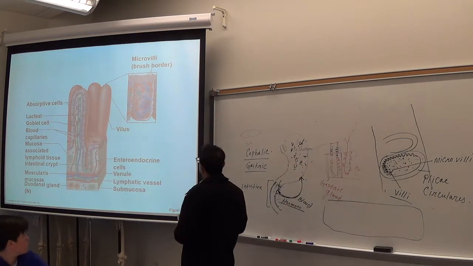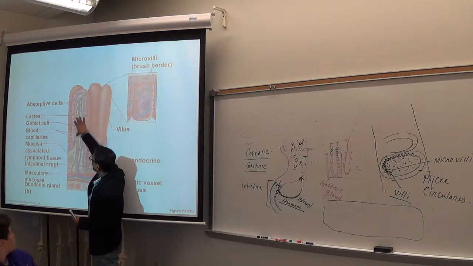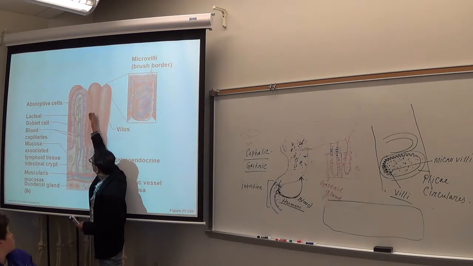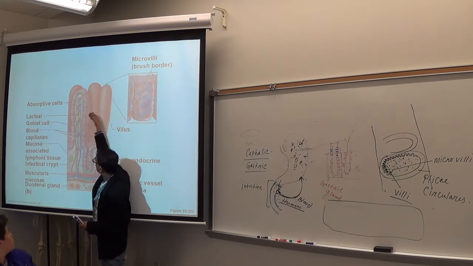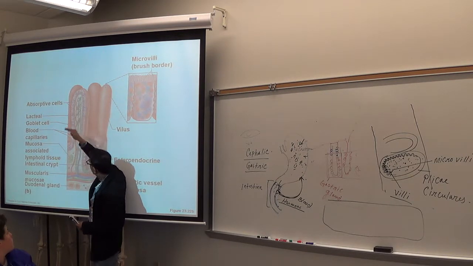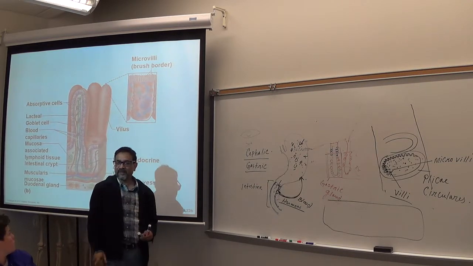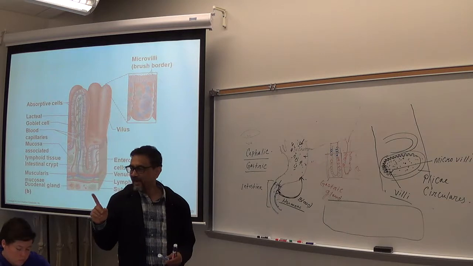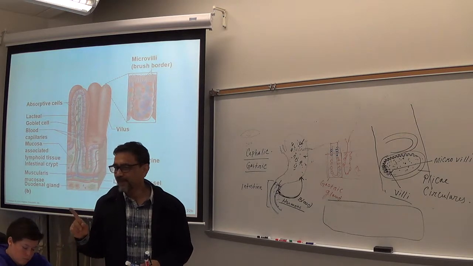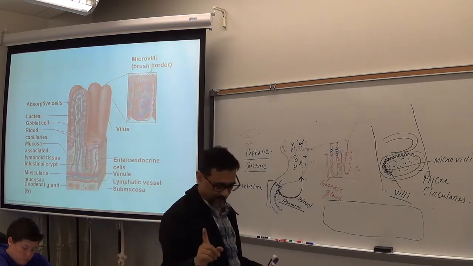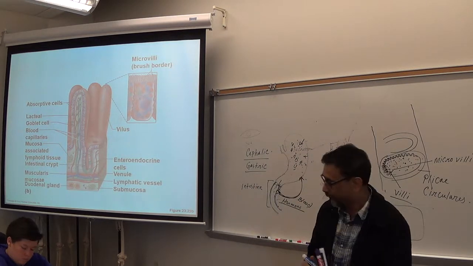So these capillaries are there to help the absorption because nutrients enter into the blood. Why is lymphatic capillary there? Lymphatic capillary absorbs fat. Remember, lymphatic capillary helps the fat absorption.